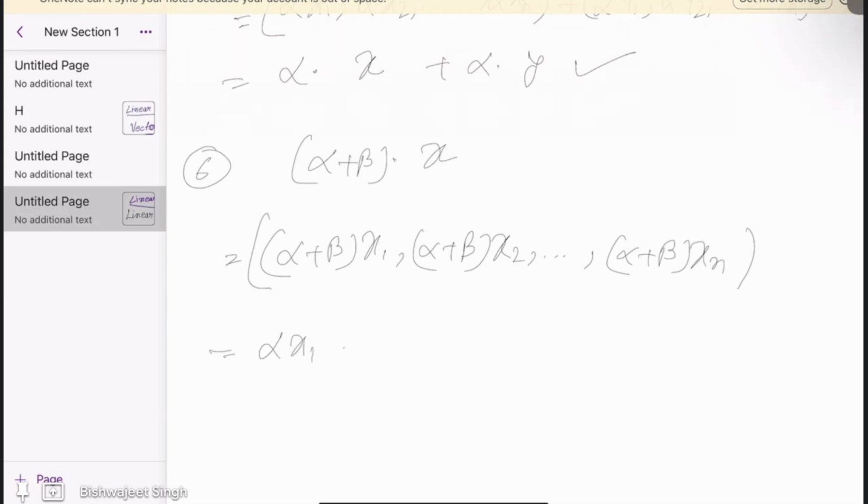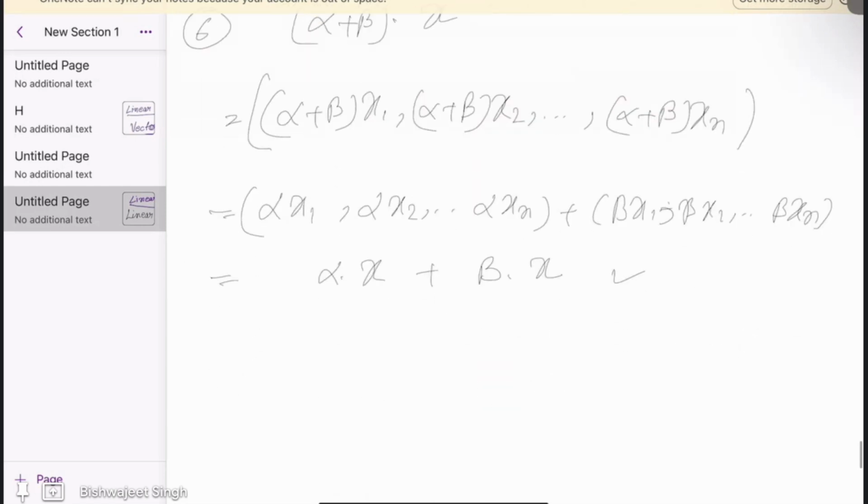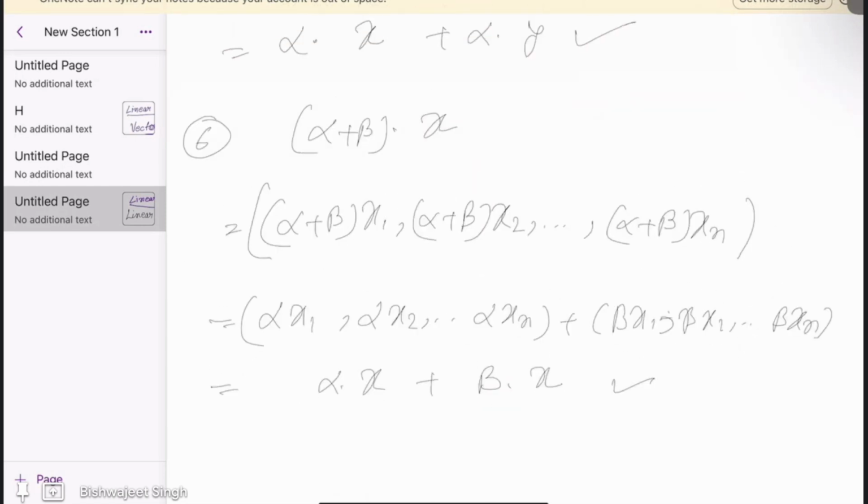That is alpha x1, alpha x2 up to alpha xn plus beta x1, beta x2 up to beta xn, right? So this I got as alpha dot x plus beta dot x. Yeah, so this is also true, right? Because this is what I had to prove: that alpha plus beta dot x is equal to alpha dot x plus beta dot x.